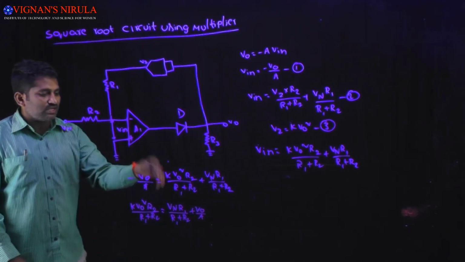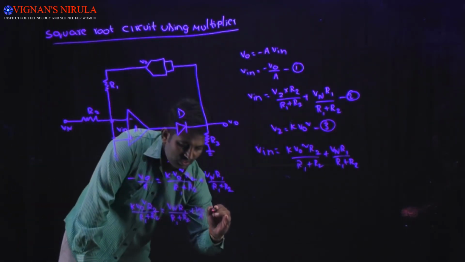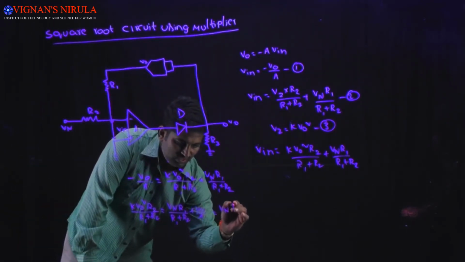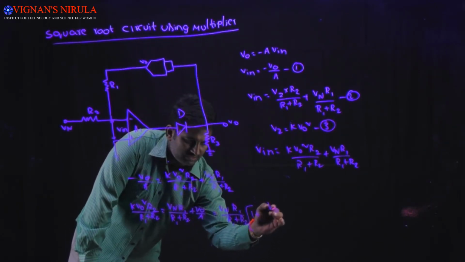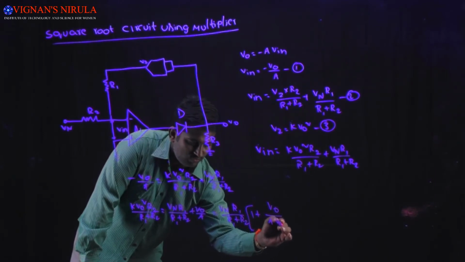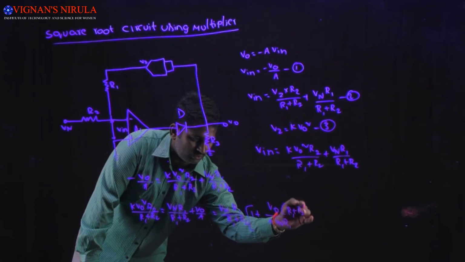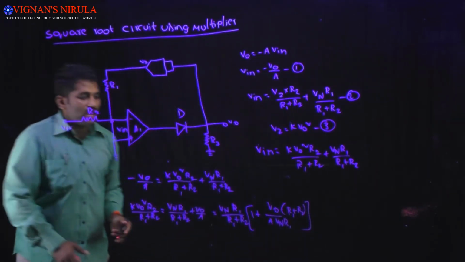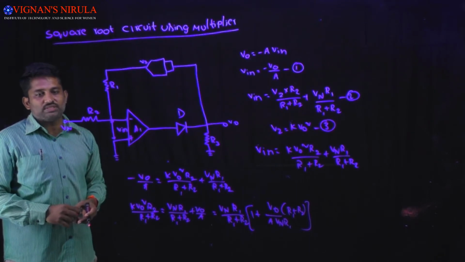In this, take Vn into R1 by R1 plus R2 as common, so we get Vn into R1 divided by R1 plus R2 times 1 plus V naught by A into Vn into R1. We all know that the gain of the op amp is very high.